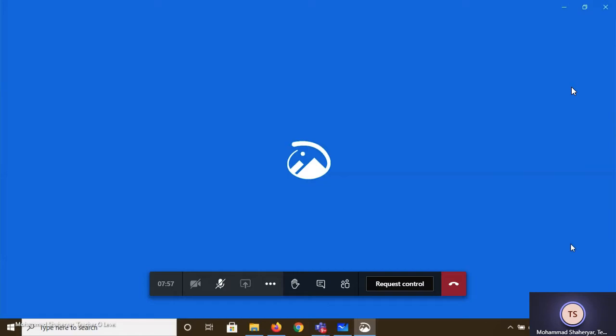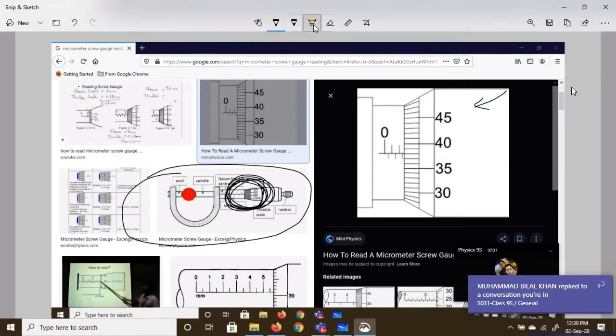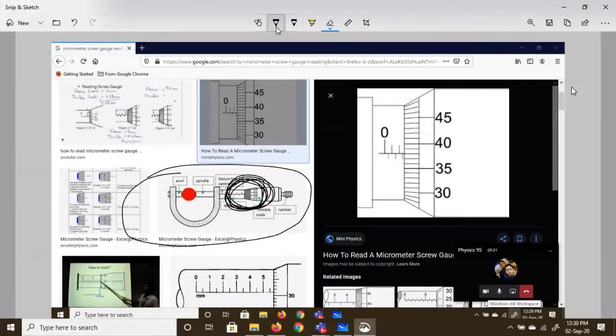Beta, this is a complete screw gauge, and what we see here is only this part, so it's zoomed in on this small section of the screw gauge so that we can take the readings properly. I'm going to now show you how to take a reading, and we can move on to different examples from there.